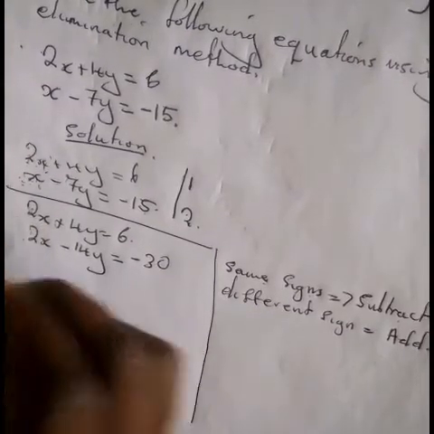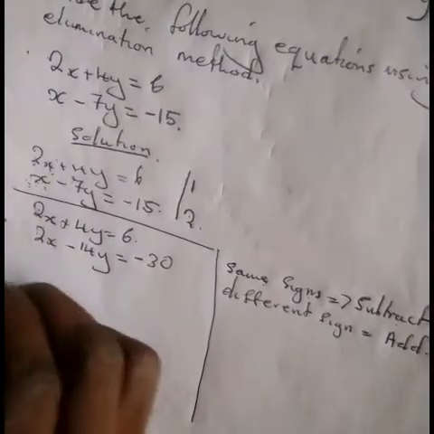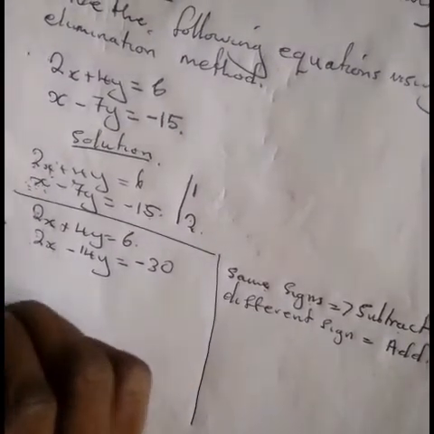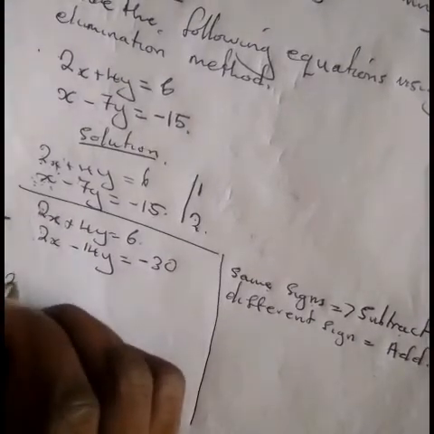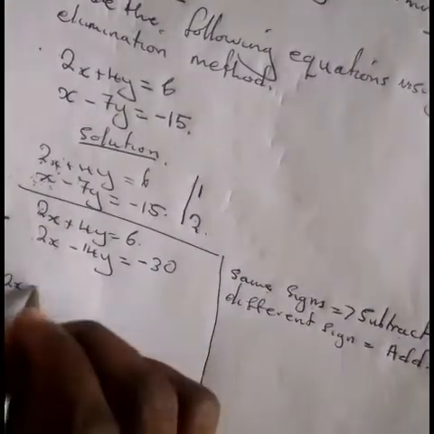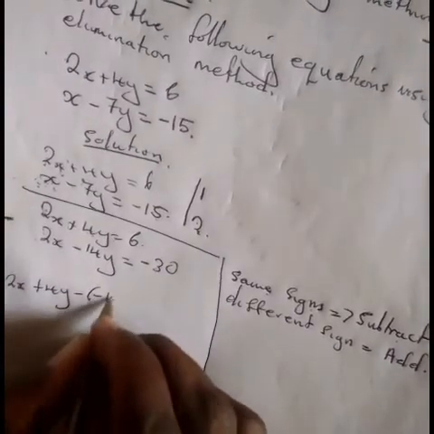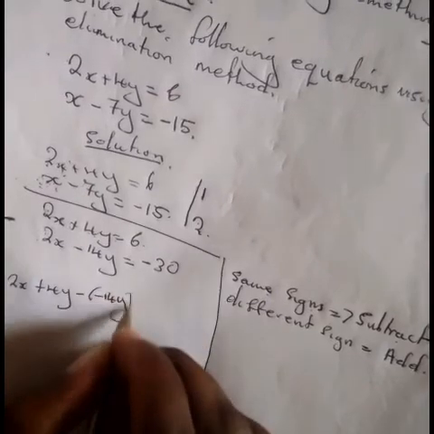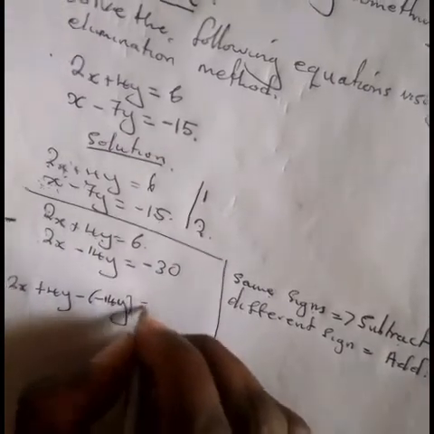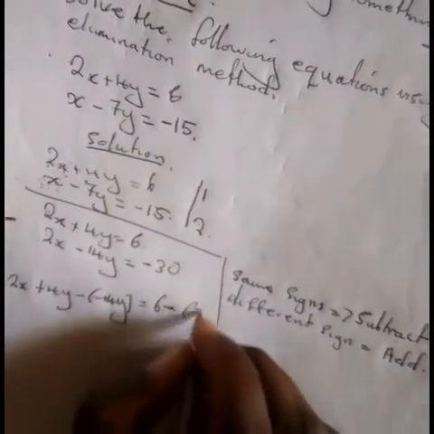So 2x minus 2x is 0. We are going to have 2x minus 2x, then plus 4y minus negative 14y, equals 6 minus negative 30.